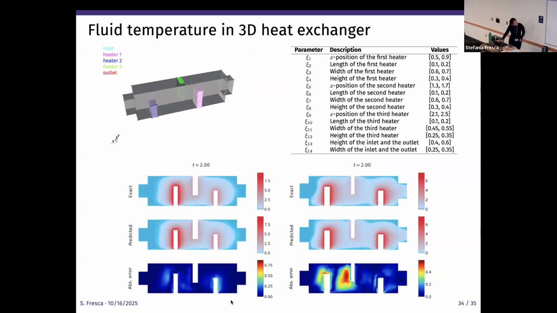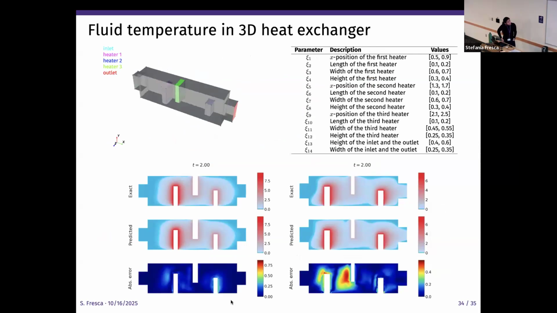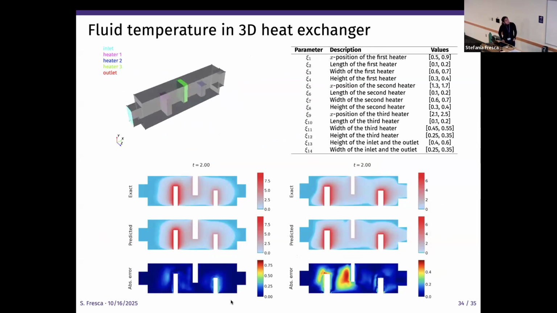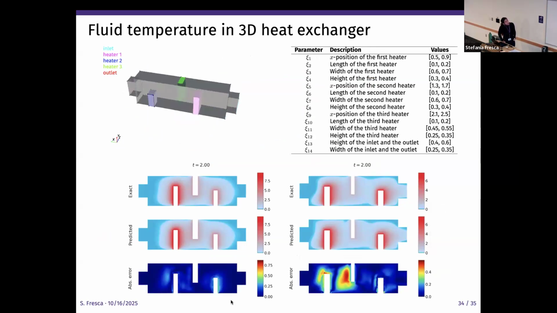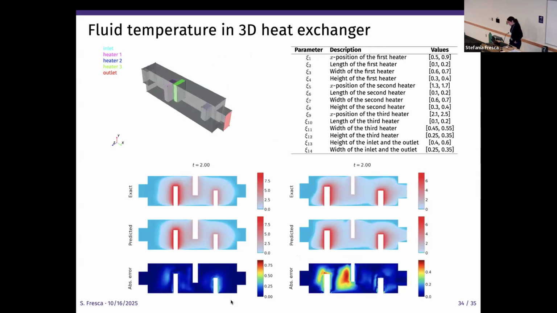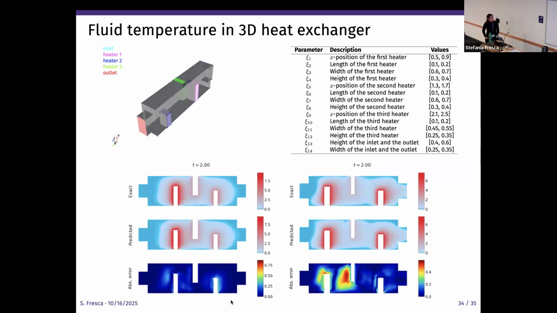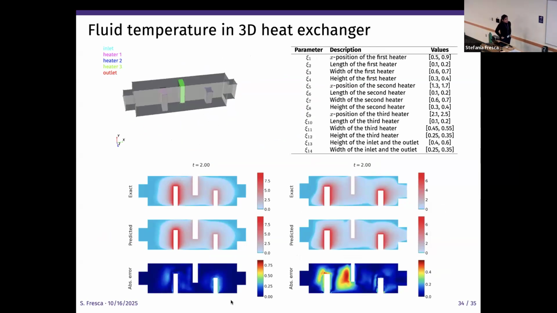Finally, an industry-related test case. We want to predict the temperature field of a fluid flowing in a 3D heat exchanger. We have 14 geometrical parameters for the heat exchanger plus 6 physical parameters.